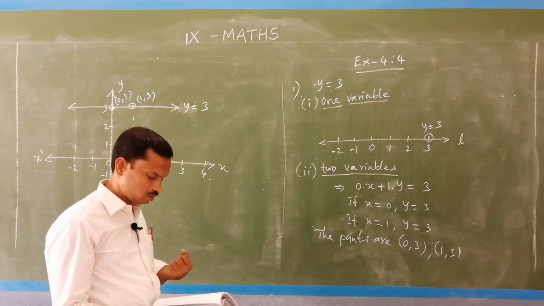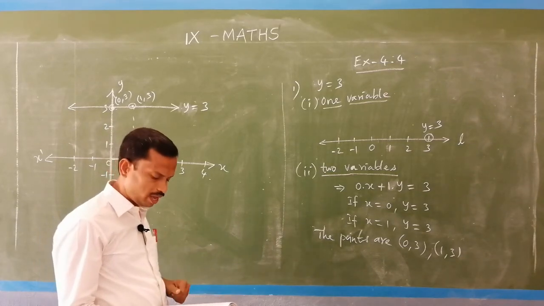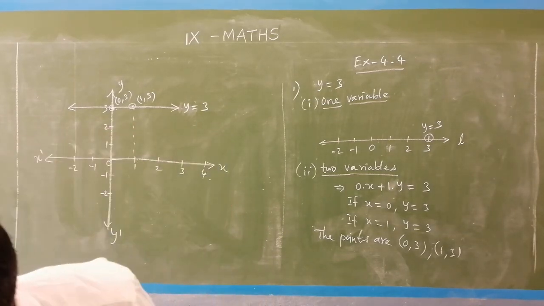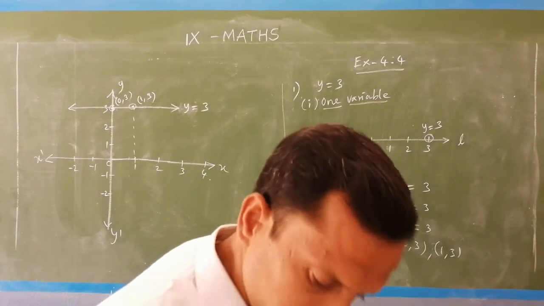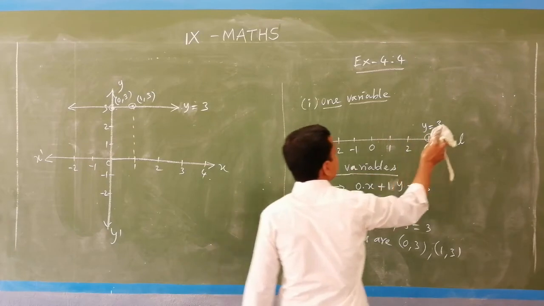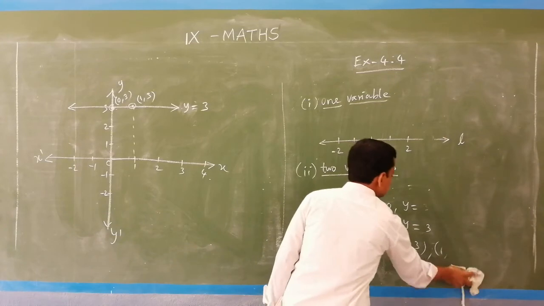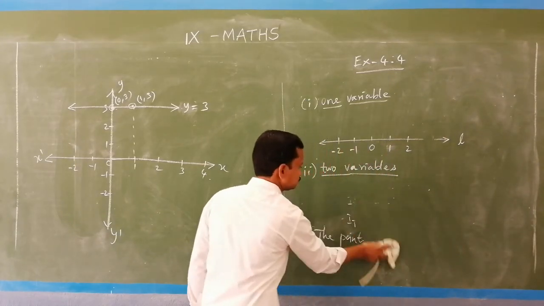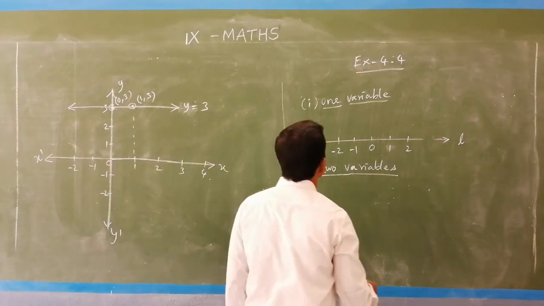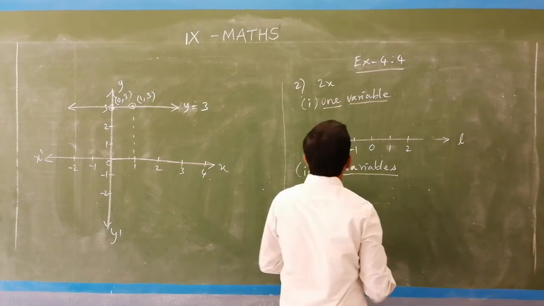Next, question number 2: give the geometric representation of 2x plus 9 equal to 0 as an equation in one variable and in two variables. Here only x is there. You see, the equation is 2x plus 9 equal to 0.